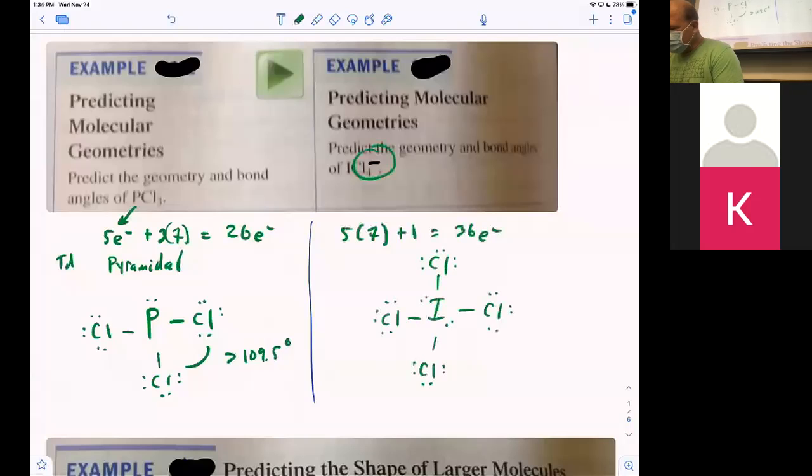So the geometry here is going to be, I'm sorry, octahedral electronically: 6 things, 2 non-bonding, 4 bonding. That's going to be square planar, and the bond angles are all going to be 90 degrees.